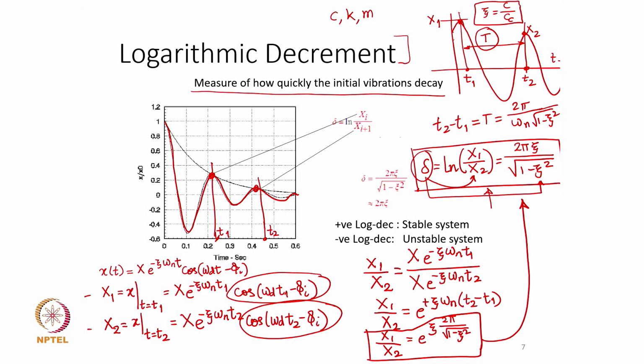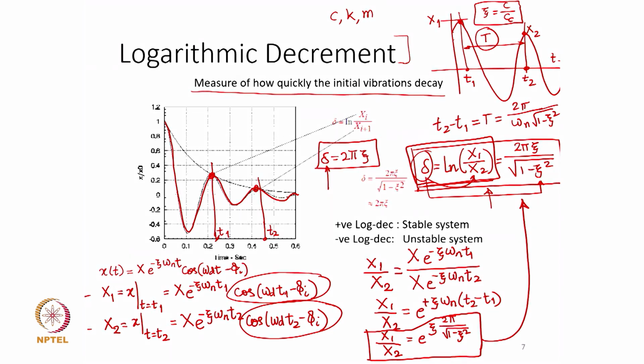So, one of the common practical expressions widely used ignores the denominator here, because it is going to be very close to 1. By using this simple means, if I measure the response and get this delta value from this relationship, I get the value of the damping factor of the system. So, this expression is valid for zeta less than 0.4 or so.